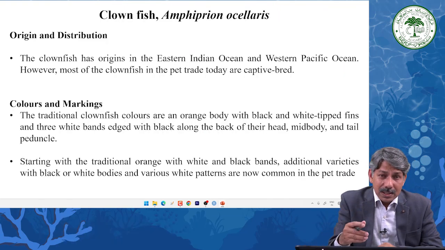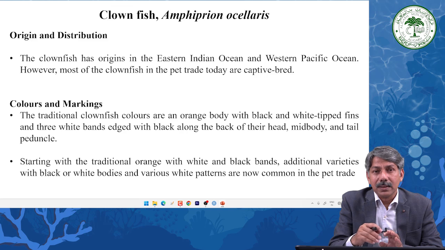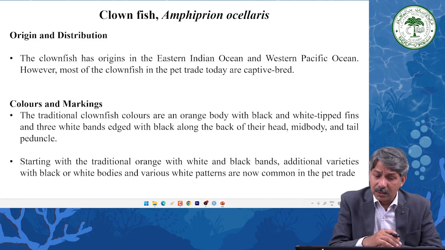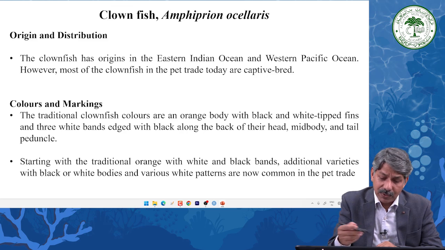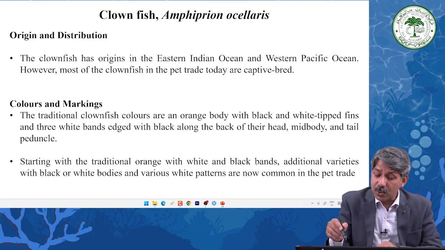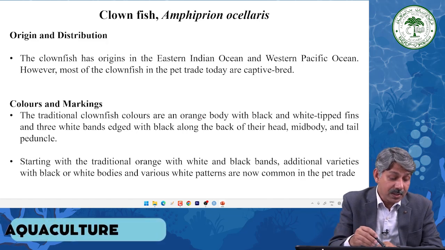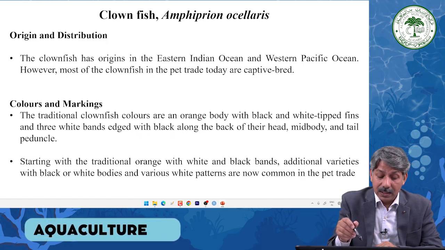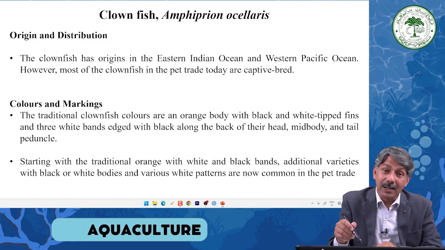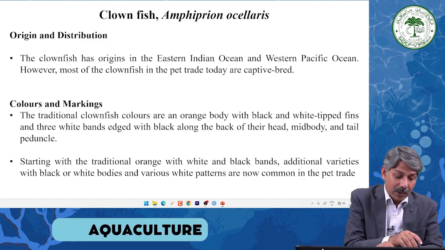Now, we can discuss in a little more detail some of them which are very popular, like clownfish, Amphiprion ocellaris. Clownfish has origins in the eastern Indian Ocean and western Pacific Ocean, we have discussed earlier also. The traditional clownfish colors are the orange body with black and white tipped fins, 3 white bands edged with black along the back of their head, mid body and tail peduncle, or caudal peduncle, what we call.